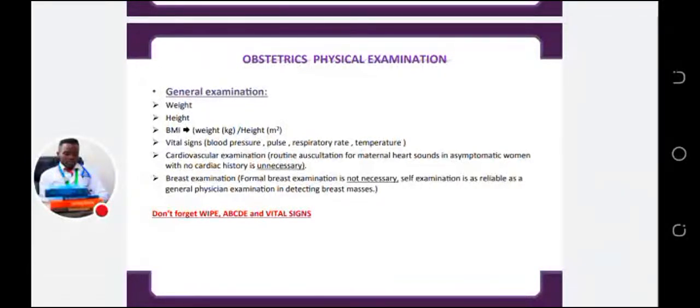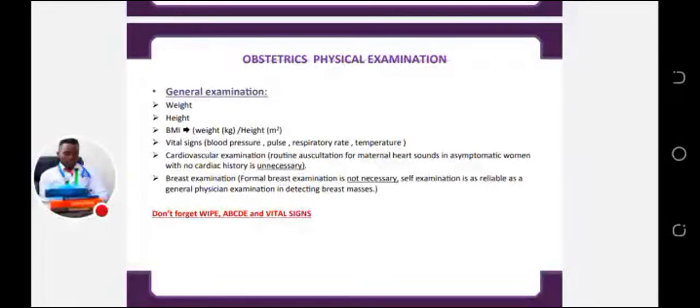Then vital signs. You should also take note of the vital signs, that is the temperature, the pulse, the respiratory rate, and the blood pressure. Then also you need to assess the cardiovascular system. Routine auscultation of the maternal heart sounds in asymptomatic women with no cardiac history is unnecessary.